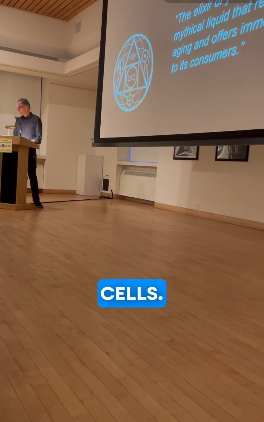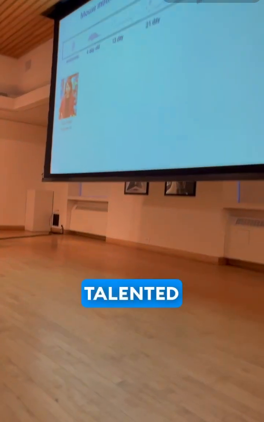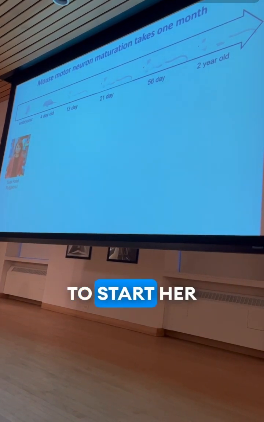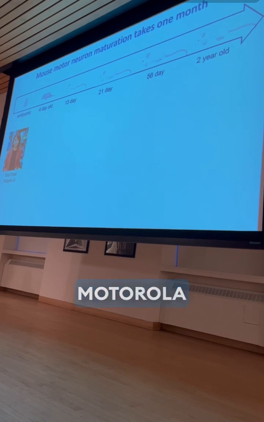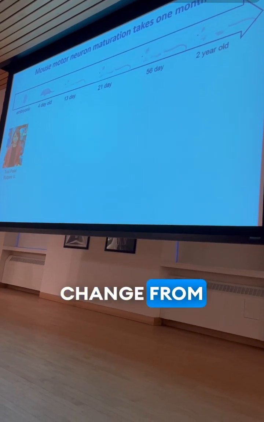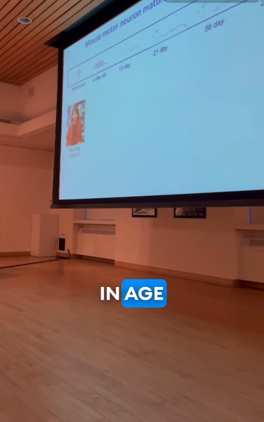And so this is work that started in my lab by talented postdoc Tulsi Patel, who just last summer moved to start her own lab at Rutgers University. And what she asked is how motor neurons change from the time they are born early in the embryo all the way to aged organisms.